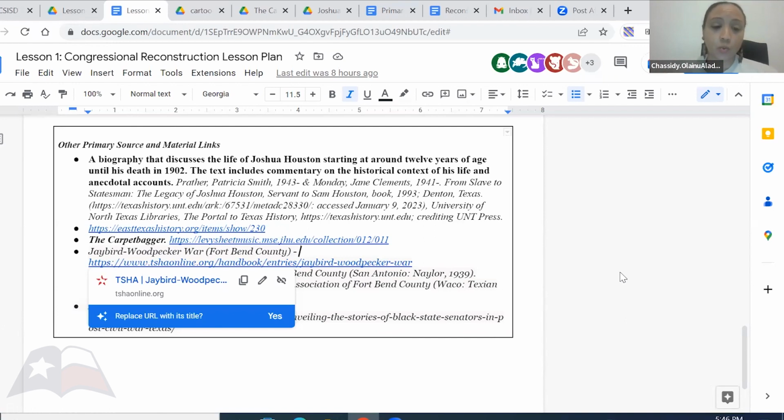Ultimately, the Jaybirds won that war and ran the woodpeckers and a large percentage of the Black population out of that particular part of Fort Bend. And they essentially changed laws and wrote legislation that would limit Black enfranchisement in Fort Bend County for about 70 years. So if you want an example of that time period.